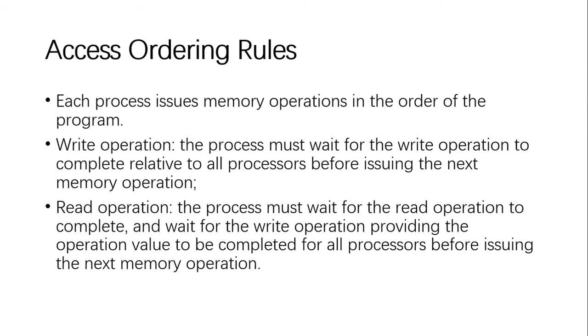For write operations, the process must wait for the write operation to complete with respect to all the processes before it moves to the next operation. For read operations, the process also needs to wait for the read operation to complete first, and also wait for the write operation providing the read value to be completed for all the processes. After that, it will move to the next memory operation.